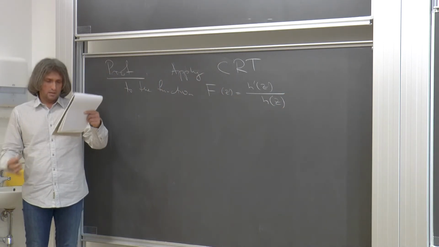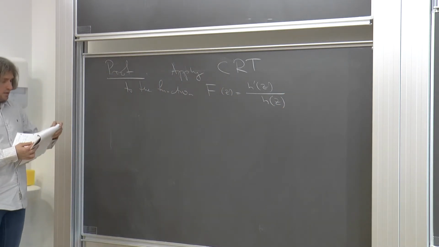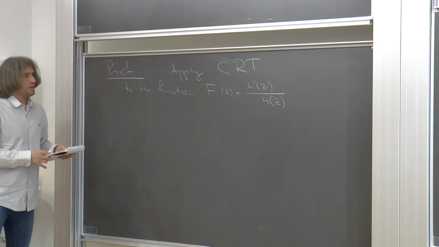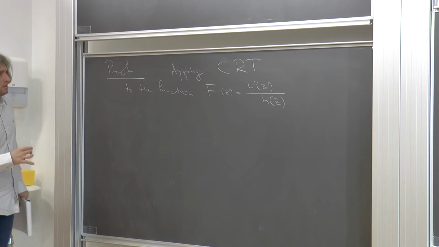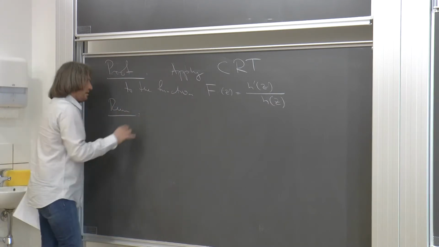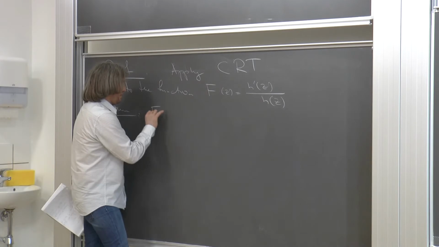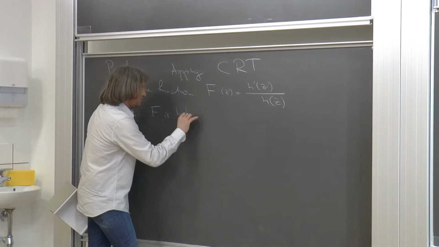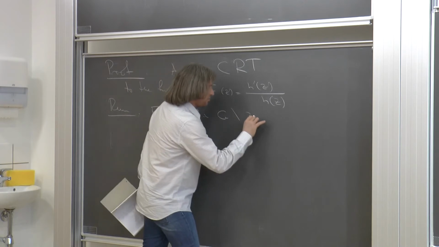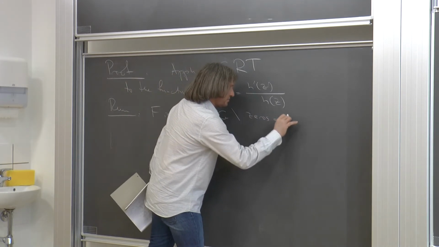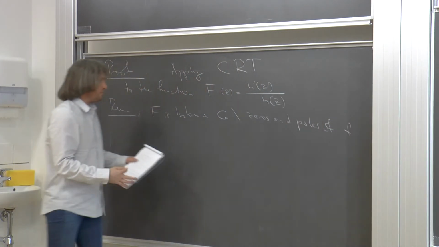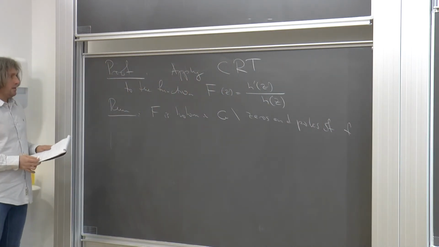It's a nice function, and it's holomorphic outside of this divisor. So mark: F is holomorphic in G minus zeros and poles of h.